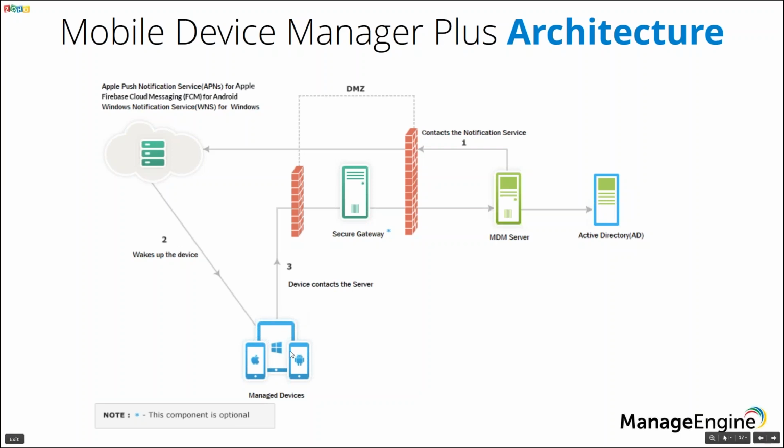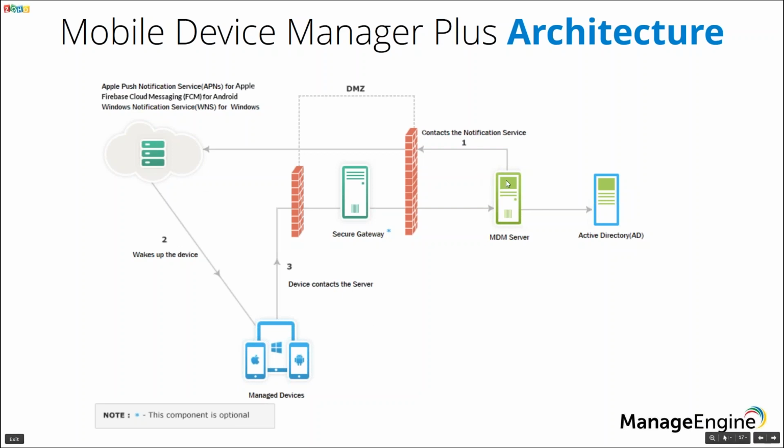And this device will communicate to the MDM server and get to know what command has to be processed. In this example, it's going to fetch the geo coordinates of the device and post back the status to the MDM server, which I'll be able to see in the MDM console. So this is how the communication flow works.